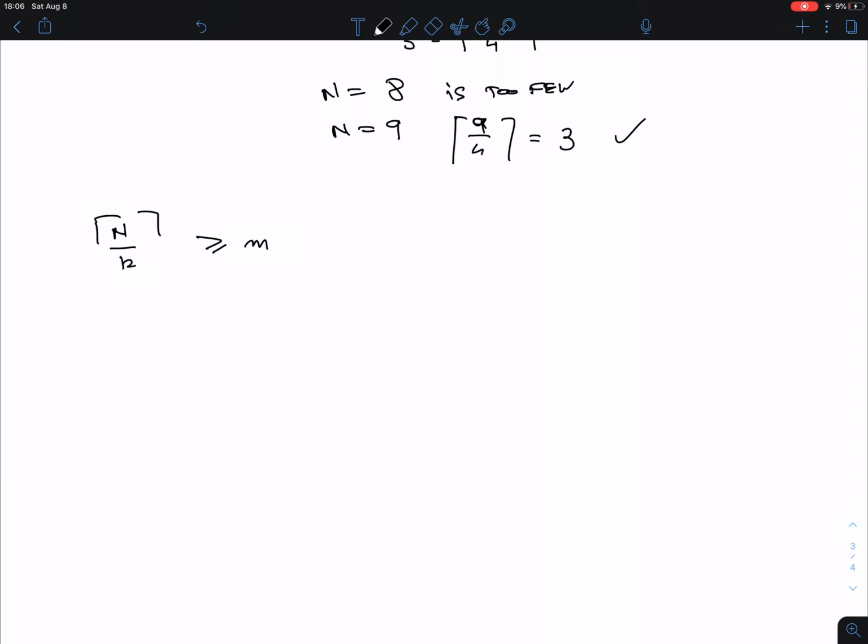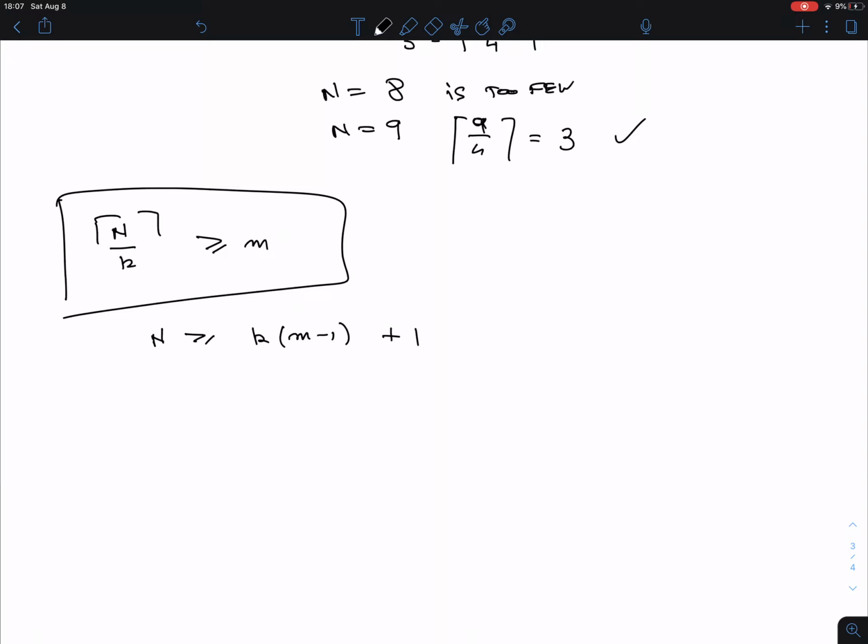Remember, n is the number of pigeons, k is the number of holes, and m is the least number of pigeons per hole, such that at least one hole has this many pigeons. So in order for this to hold, what we need is that n has to be at least k times m minus 1 plus 1.